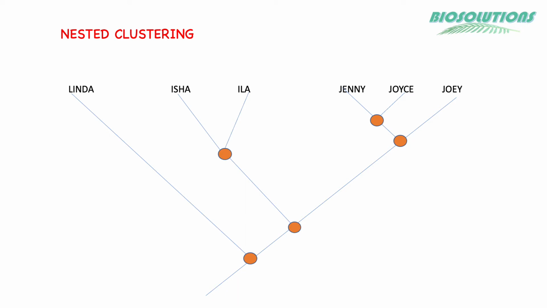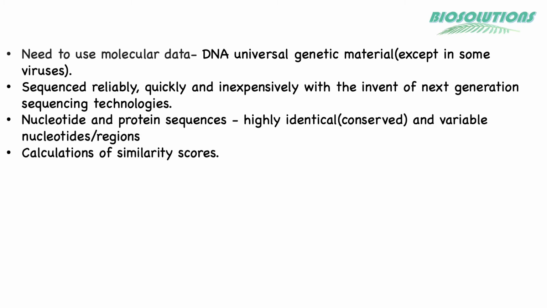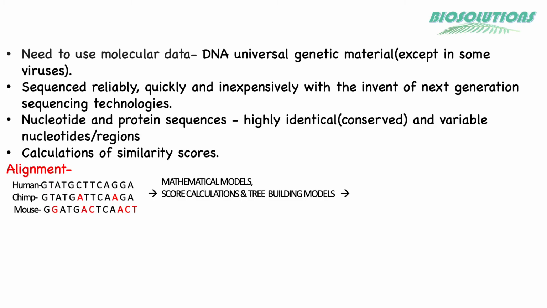This was an approximate demonstration of how we can compare and score nucleotide and protein sequences from various organisms and create a phylogenetic tree based on their evolutionary relatedness. To understand phylogenetic relationship among organisms, we need to use molecular data.